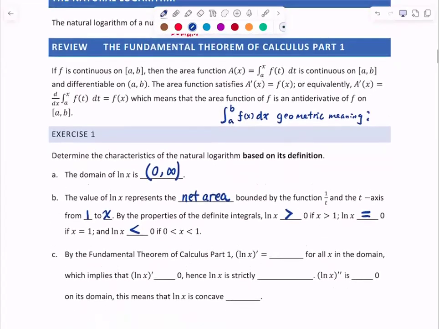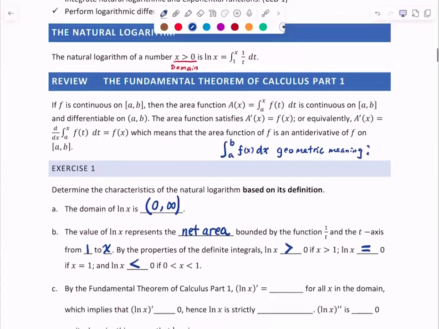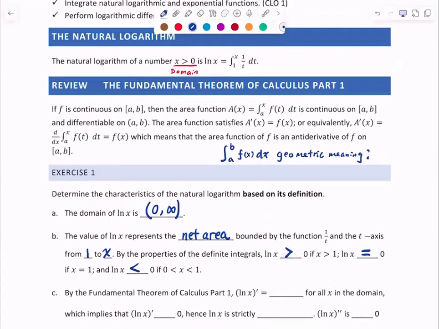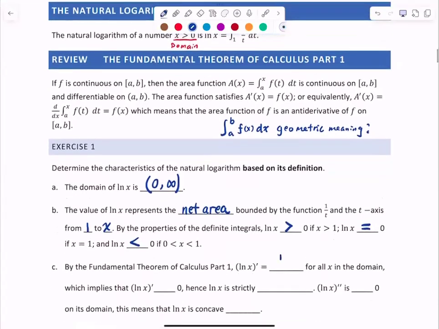Okay, by the fundamental theorem of calculus 1, we can differentiate this. So what's the derivative of ln of x? This is new, right? We didn't learn this in Cal 1, but applying this theorem that we learned from Cal 1, can you tell me what is derivative of ln x? 1 over x. 1 over x. For all x in the domain.